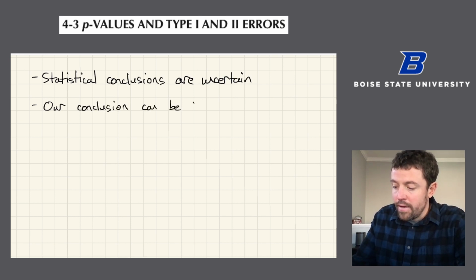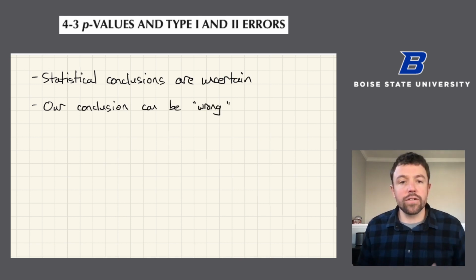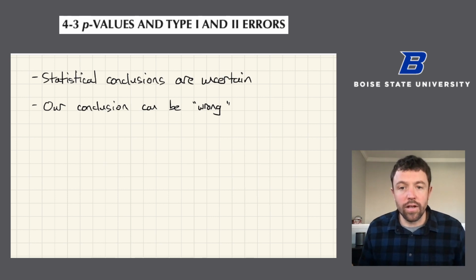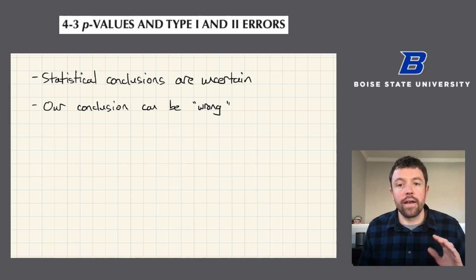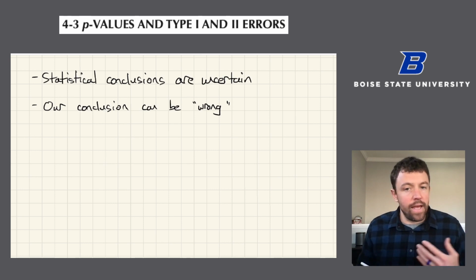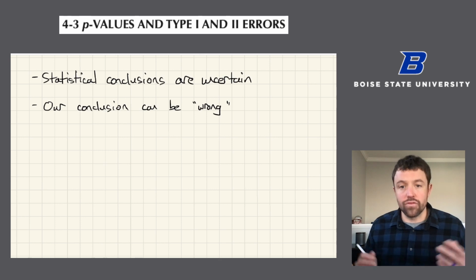So our conclusion can be, and I'll put it in quotes, wrong, because it's important to understand I'm not talking about computational error. I'm not talking about bad study design that introduced bias or something like that. I'm simply talking about statistical uncertainty and variability. We can happen to get a sample due to pure chance, due to no fault of our own, that does not match up with what the population's doing, and we end up having a conclusion that is wrong in some sense.